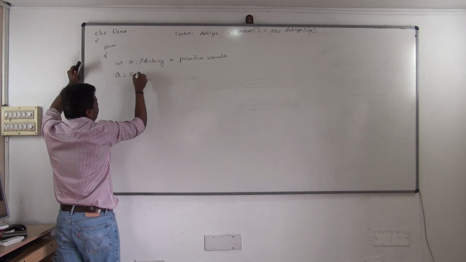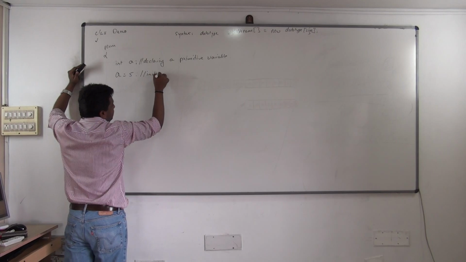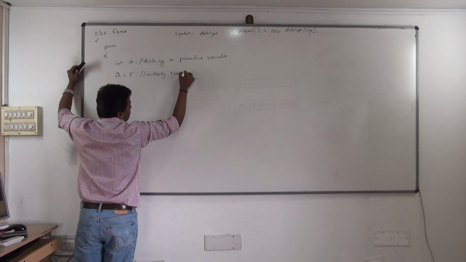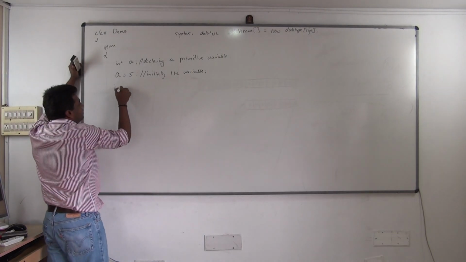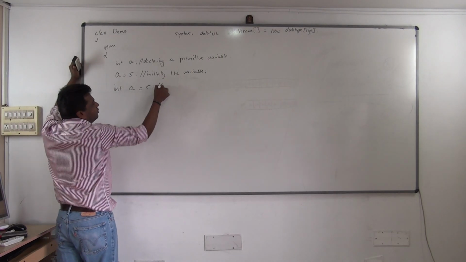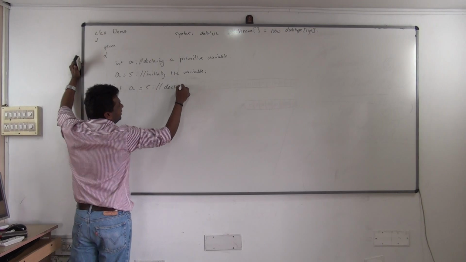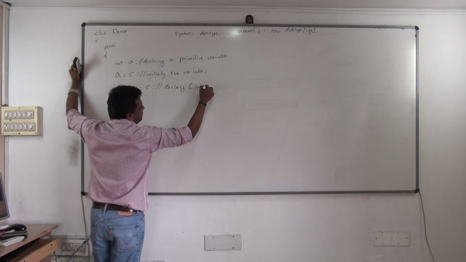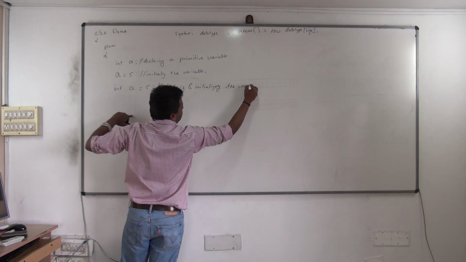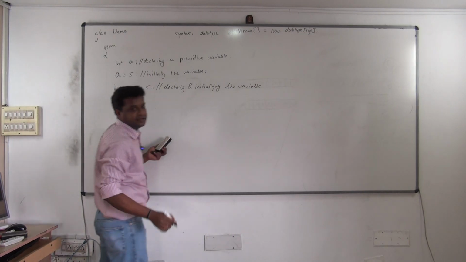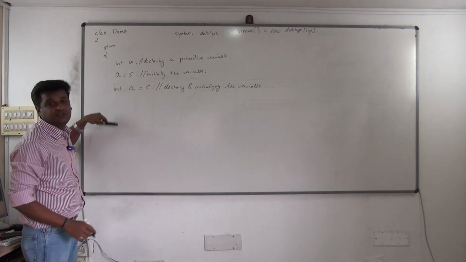A is equal to 5. You are initializing the variable. There are two steps. Remember these two steps always. And this can be done in a single line. Int a is equal to 5. You can do both declaring and initializing in a single line. It's optional.